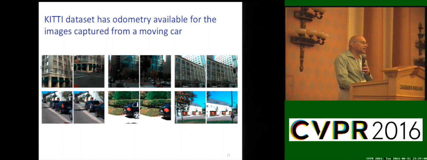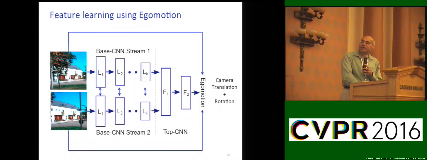We took the KITTI data set, and this has odometry available for the images captured from a moving car. And basically, you have an image, and then the car moves, but you know that movement. There is the next frame, and so you can run it through this network that I gave you a sketch for, and try to predict the camera translation and rotation.